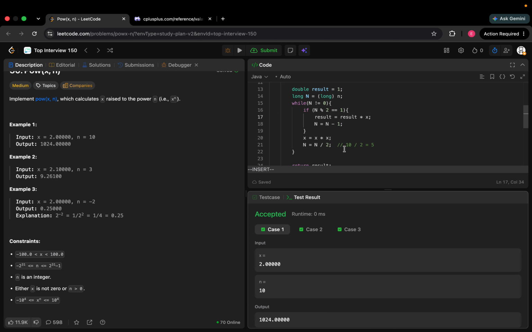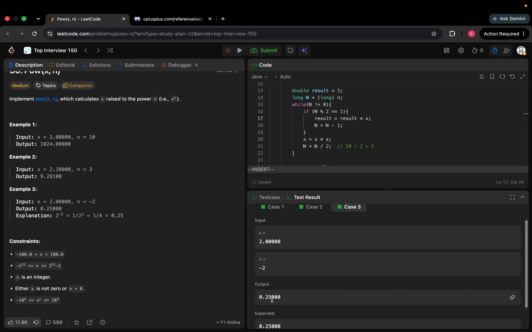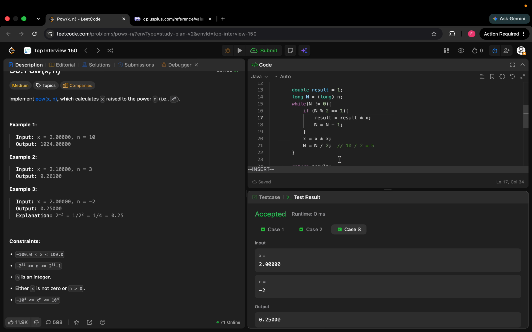So we can follow the first example here. Why should the result start from 1? Because n equal to 0 means one times this one. Everything is calculated as in the previous example. So we need to do 10 divided by 2 is equal to 5. For here it should be 4.